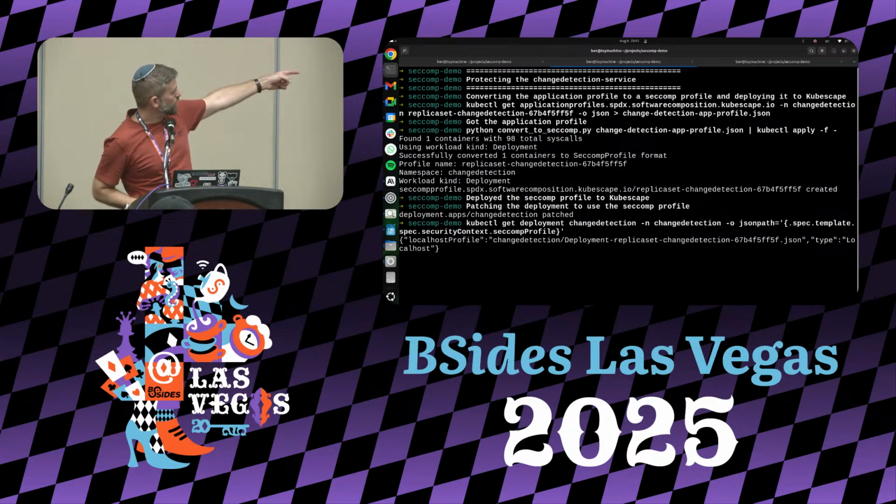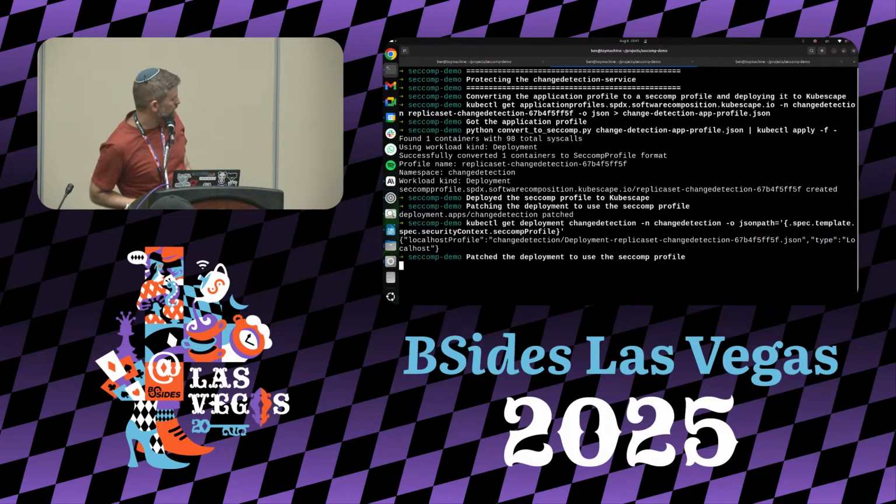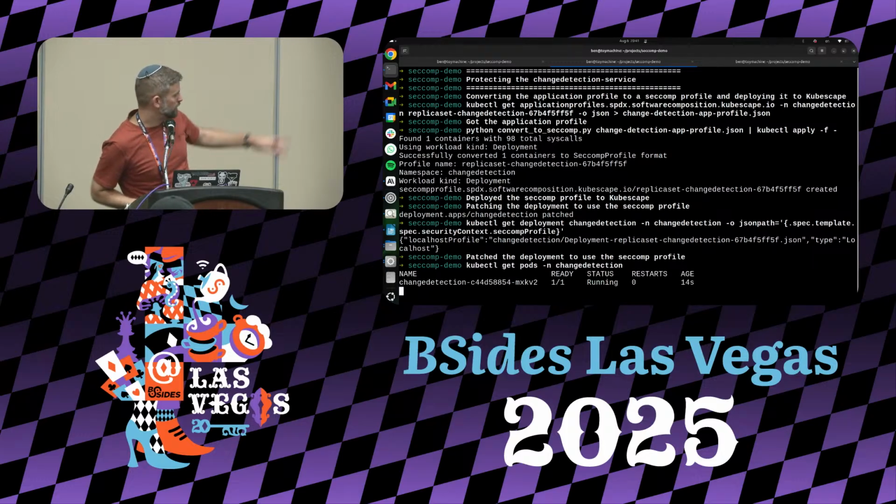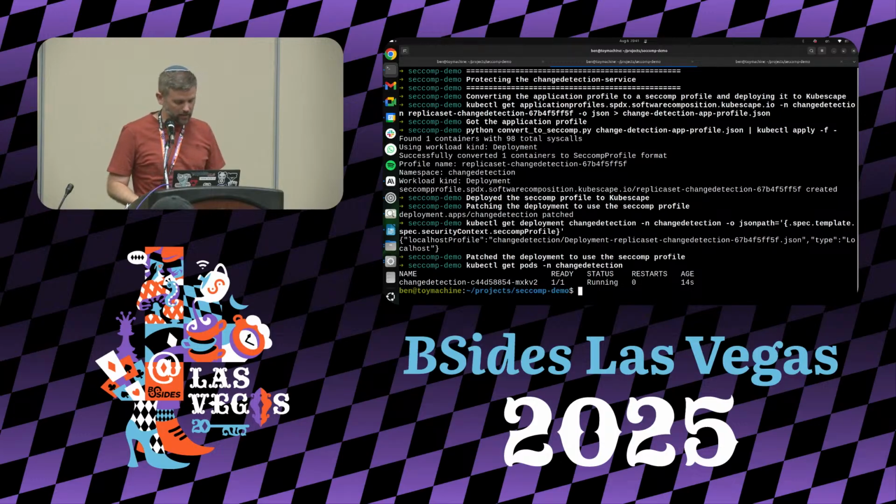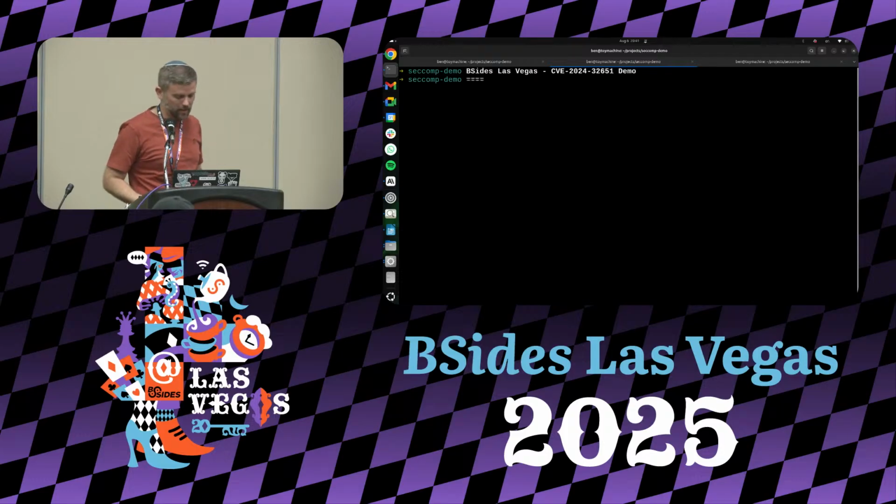And the actual profile is set up. Let's see that the pod is coming up and not crashing. Okay, so it's up after I've added the new seccomp profile. Now let's try to exploit the CVE again, and now fingers crossed.